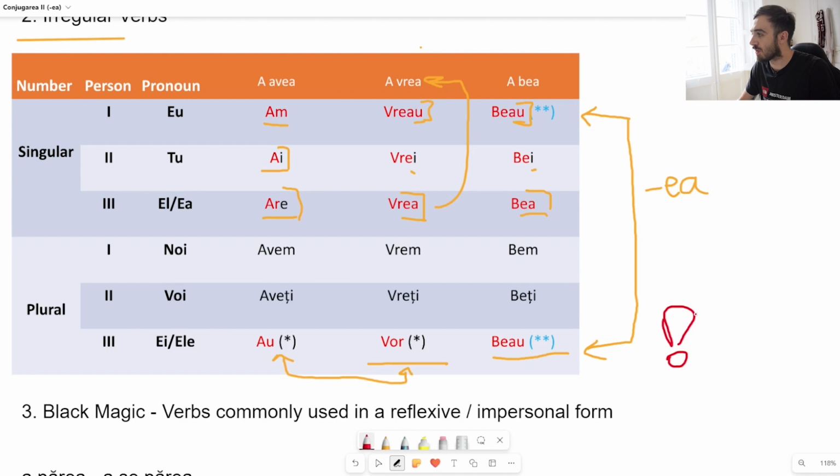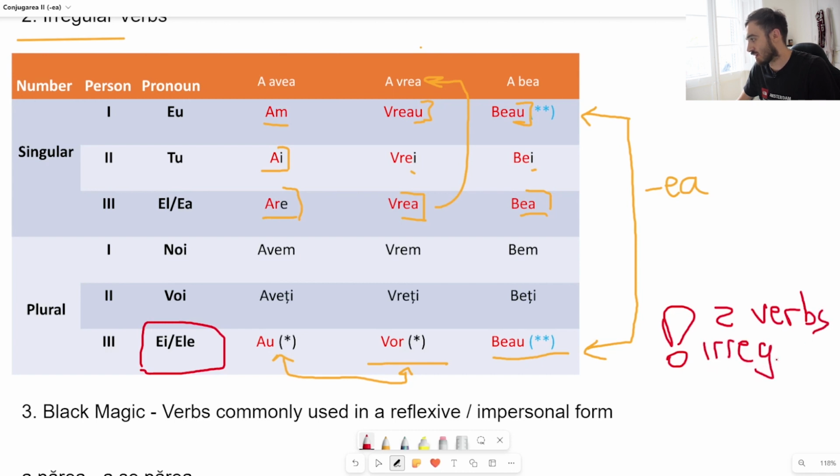Au and vor, so a avea and a vrea in the ei ele form are the only two verbs irregular in the ei ele forms.